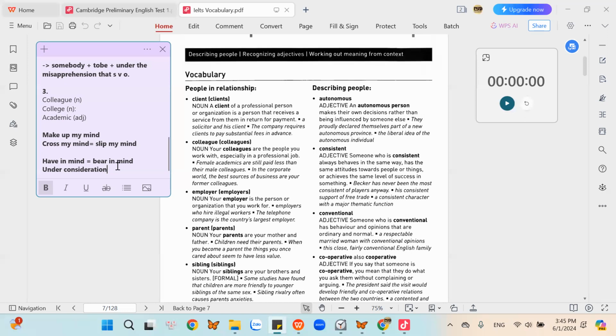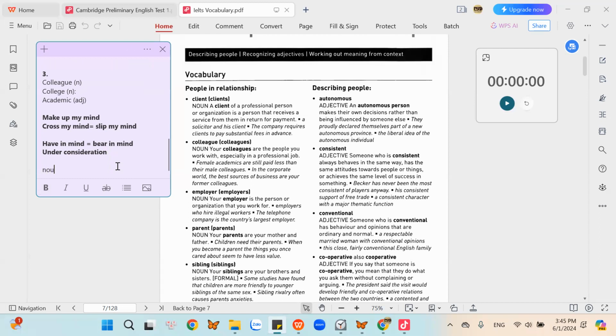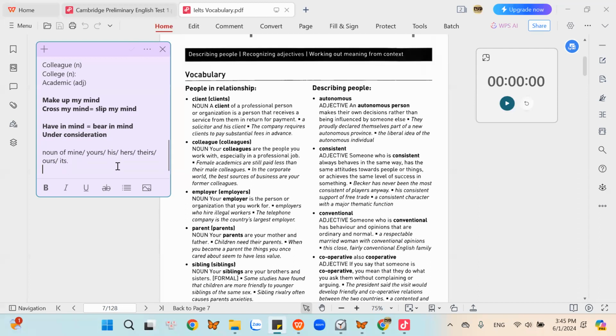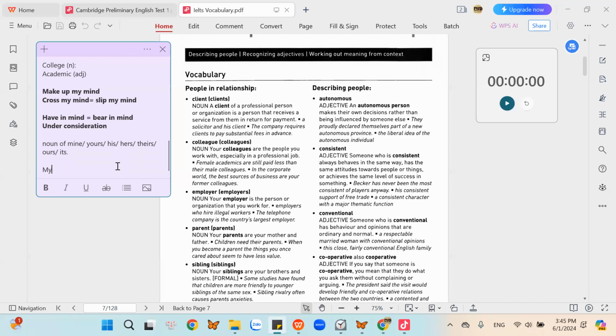Very good. But there is always a but when it comes to your English these days. Here, why do I often say something of mine, something of yours, something of his, something of hers, something of theirs, something of ours? Like the last one, you can say this is my book, or another way, this book is mine, right?